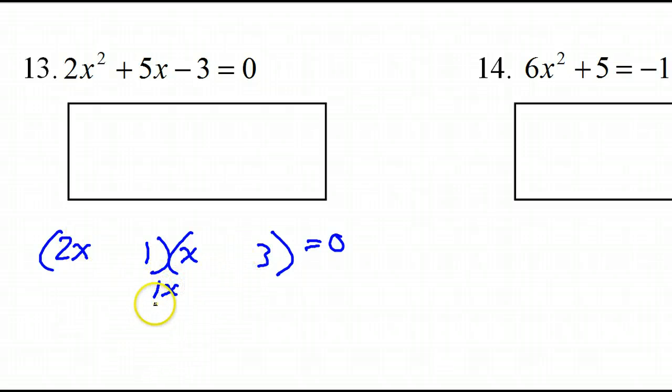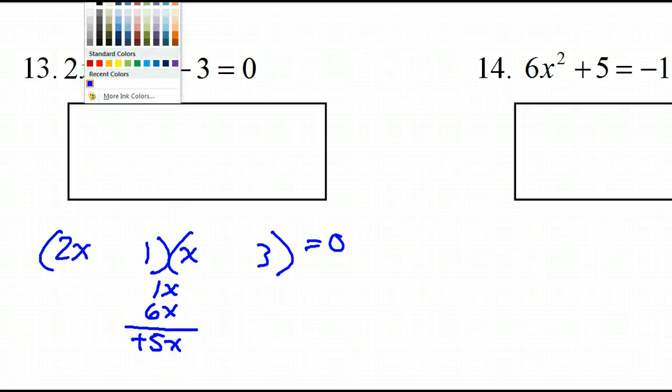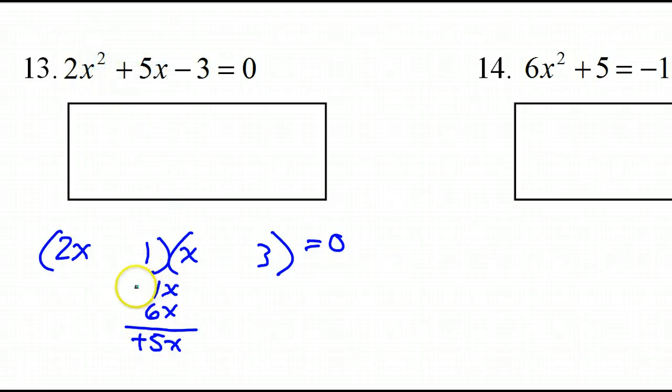Outer, I've got 6x. I'm trying to make positive 5. This could happen if I had a -1 and a positive 6. So there's my -1 and there's my positive 6. Does that give me -3? Sure, a negative times a positive is a negative. So this is factored correctly now.